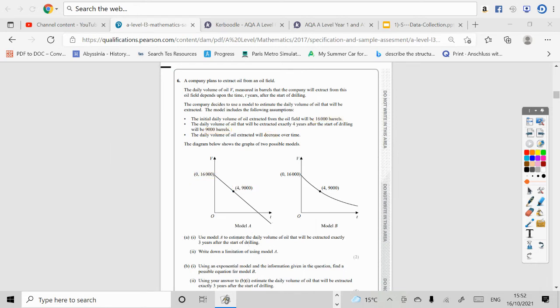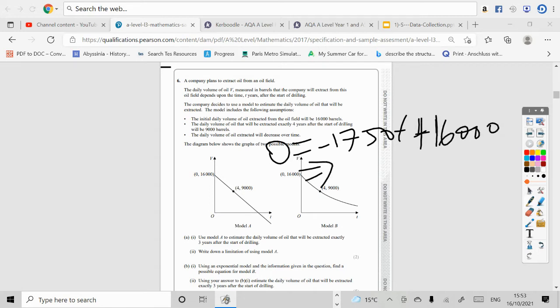Part 2. Write down a limitation of using model A. Right. So the limitation then, if we have a look on the t-axis here, if you put that equation that we had equal to 0 and you solve that, you get that t is 64 over 7.